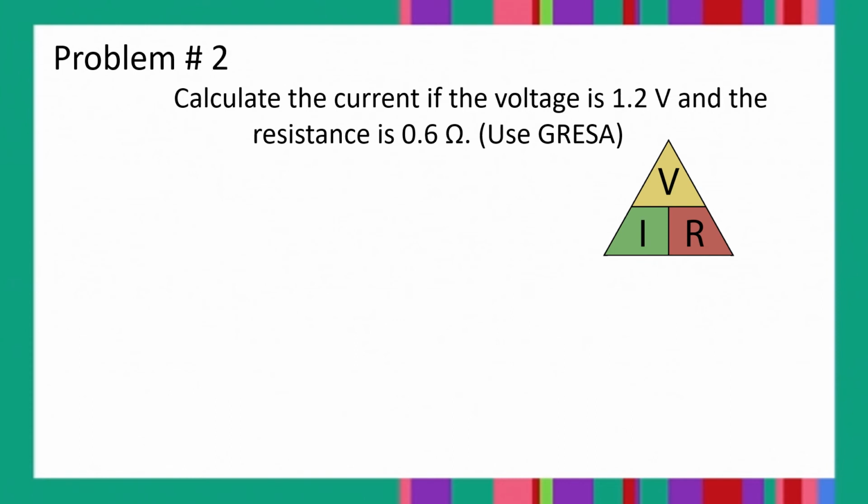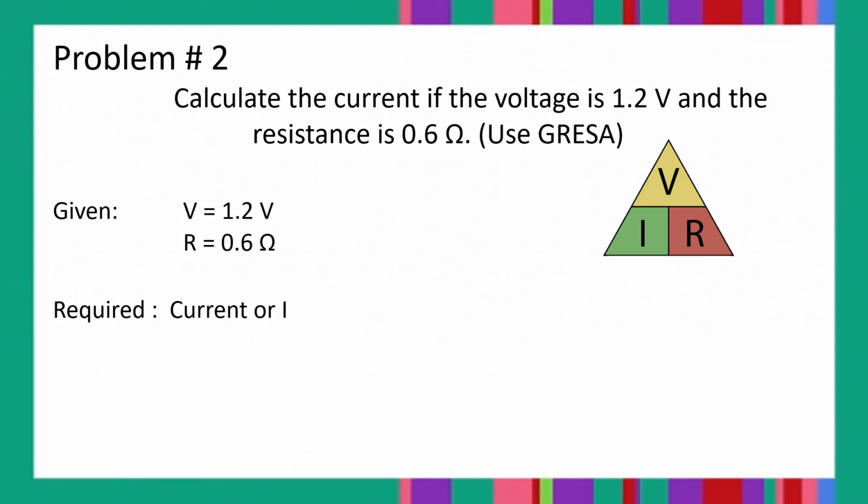Problem number 2. Calculate the current if the voltage is 1.2 volts and the resistance is 0.6 ohms. Using GRESA, given: voltage is 1.2 volts, resistance is 0.6 ohms.